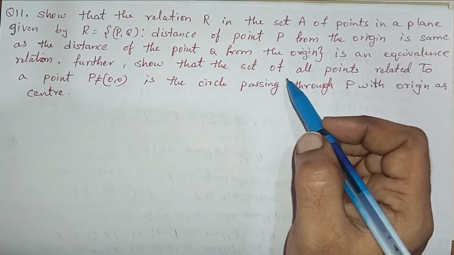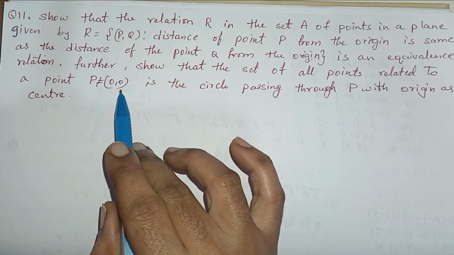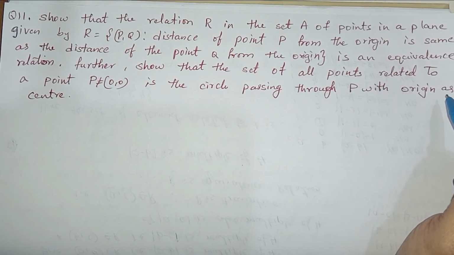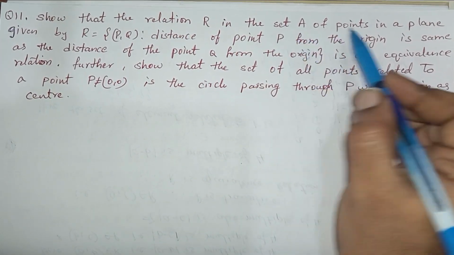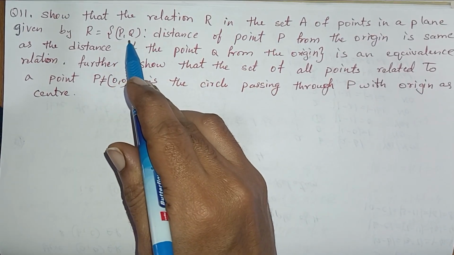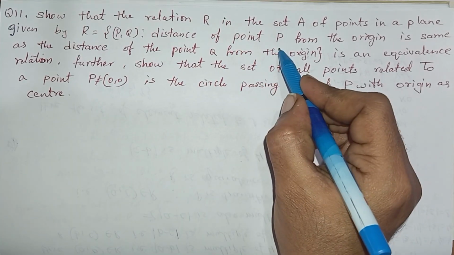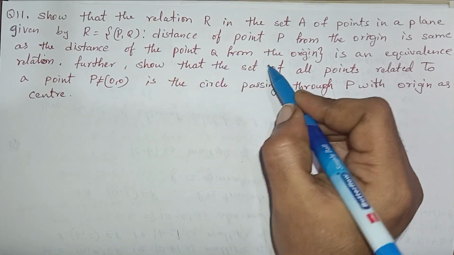Further, show that the set of all points related to a point P not equal to (0, 0) is the circle passing through P with the origin as the center. So the question tells that there is a relation R in a set A, where set A is the points in a plane. The relation is given that P is related to Q such that the distance of point P from the origin is the same as the distance of point Q from the origin.